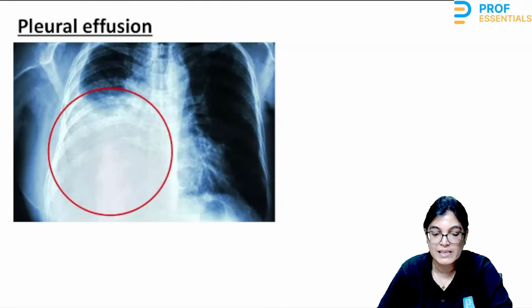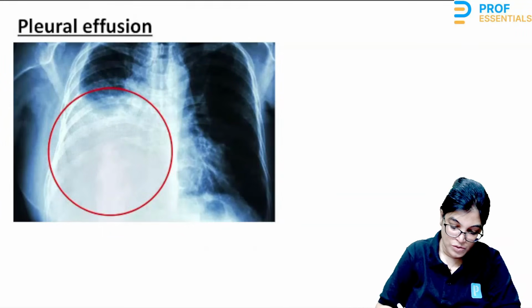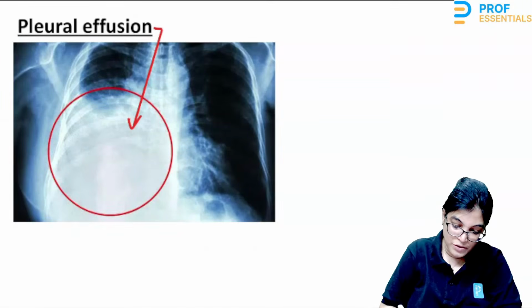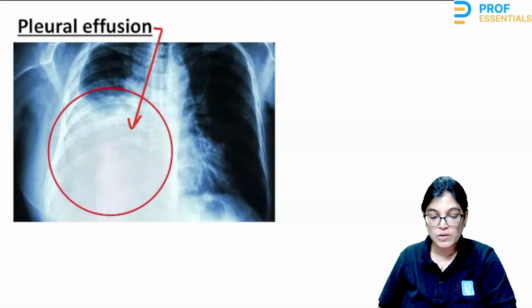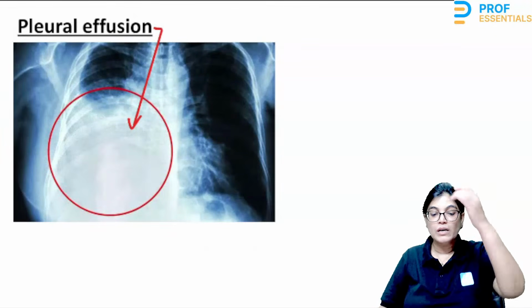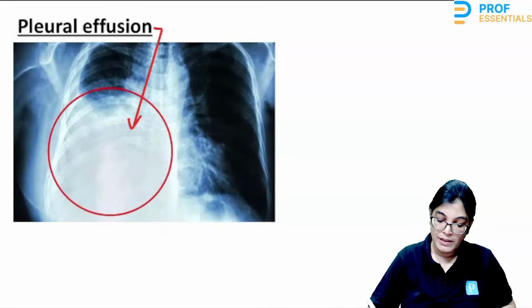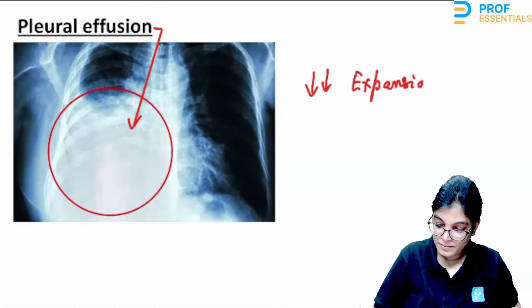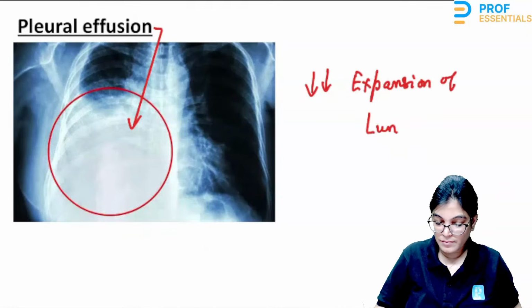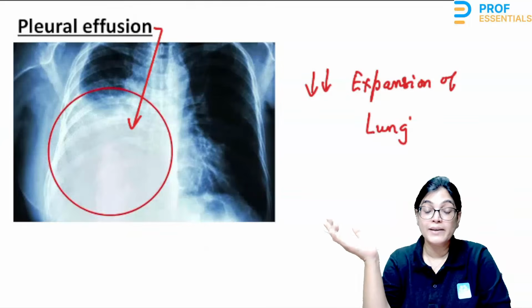Now, here you can see this image showing the pleural effusion, and you can see a whole obliteration of the costodiaphragmatic recesses and inflammation of the pleura. Pleural effusion will lead to decreased expansion of the lung on the side of the lung involved.